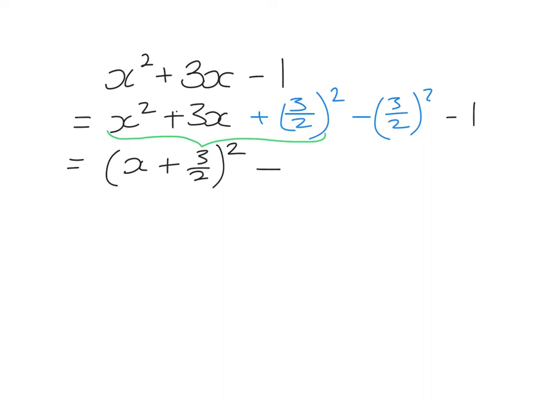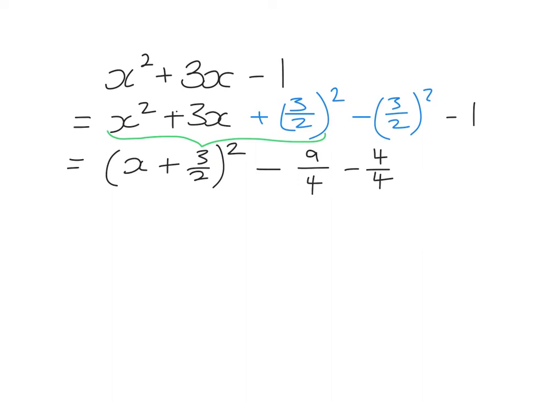take away. Now if you can't remember how to square a fraction, we're going to be squaring the 3 on the top and squaring the 2 on the bottom. So squaring the 3 on the top becomes 9 over, squaring the 2 on the bottom becomes a 4. So take away 1. Because we've got a denominator of 4 for the 9 on 4, I'm going to make the 1 also a fraction over 4.